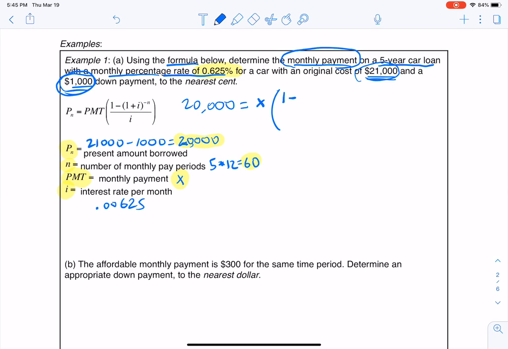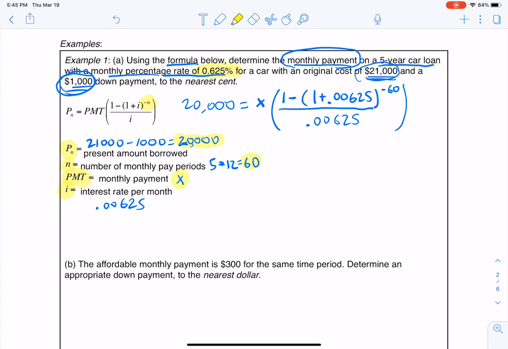So 1 minus, parentheses, 1 plus our interest rate, which is 0.00625, raised to the power of negative n. Be careful, because it does say negative n. So I'm going to write negative 60. All that gets put over the interest rate again, 0.00625. And I'm going to close off my parentheses.